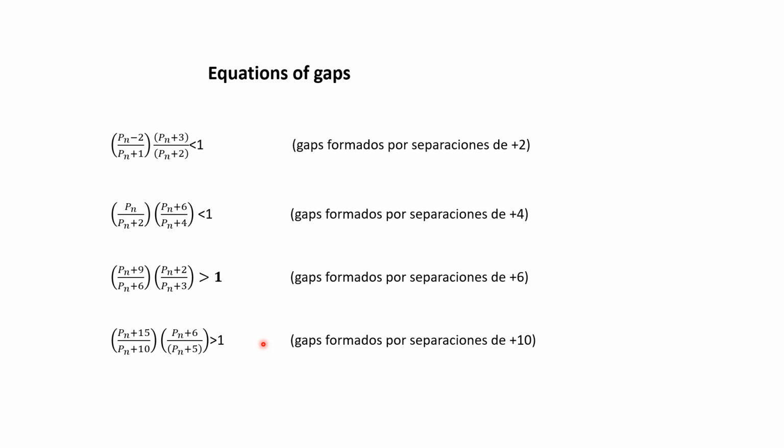You can see it in the universal equations that I did 2 or 3 slides ago, that will always happen. So as we get more gaps of +6 or bigger, we are going to get an increase in the proportion of empty boxes.